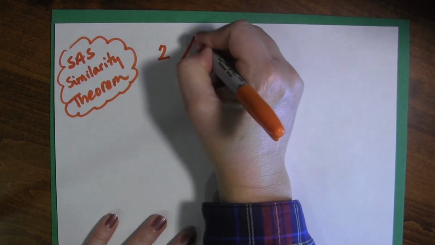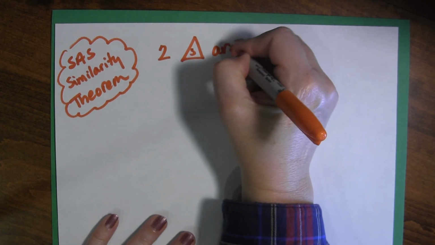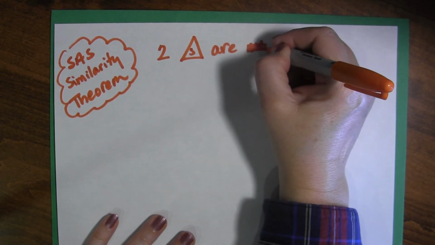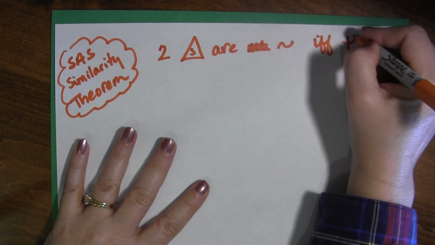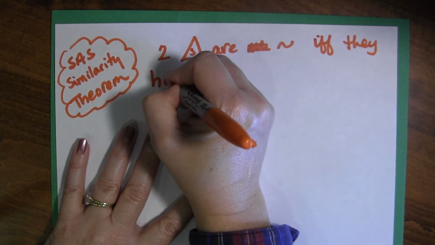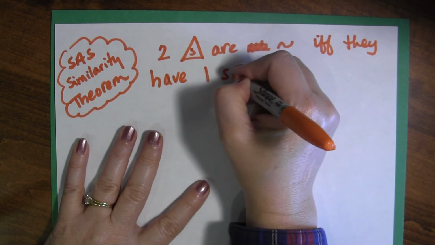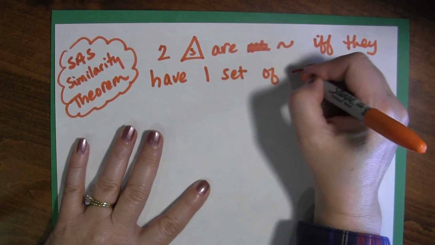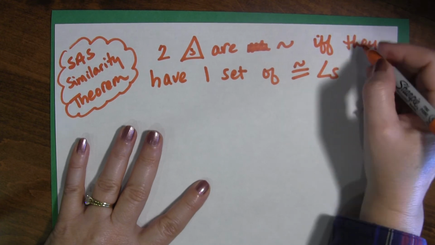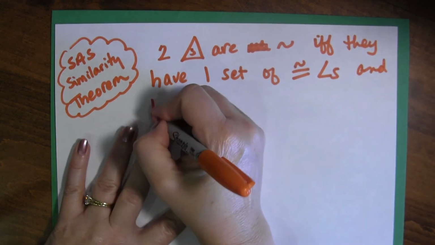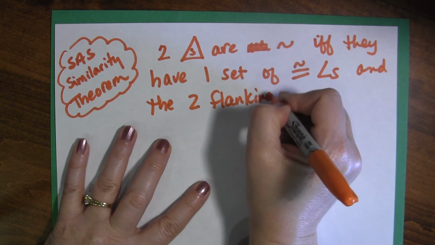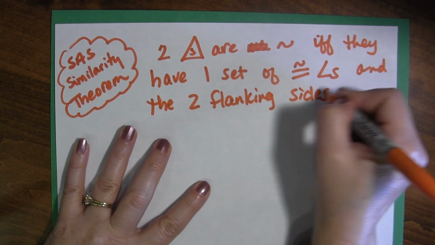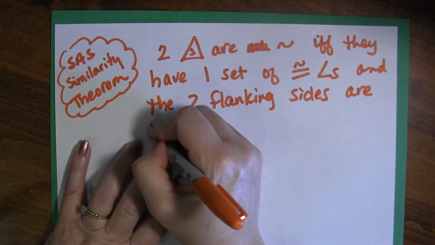It says that two triangles are similar if and only if they have one set of congruent angles and the two flanking sides are proportional.